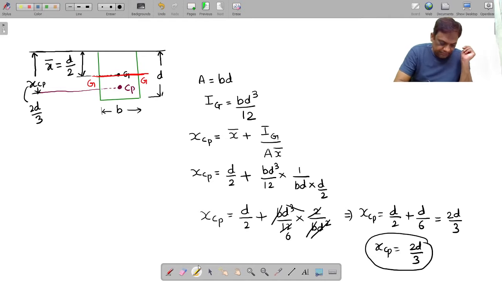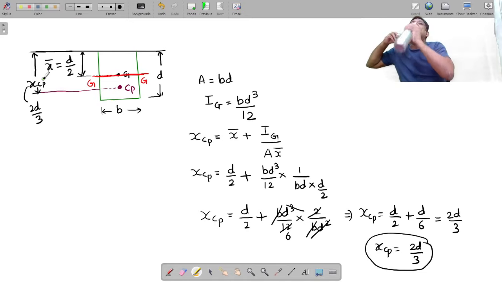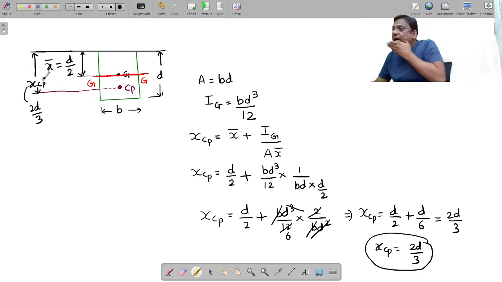If this is D by 2, this will be 2D by 3. Obviously, 2D by 3 is more than D by 2. Please listen, you have to remember this.